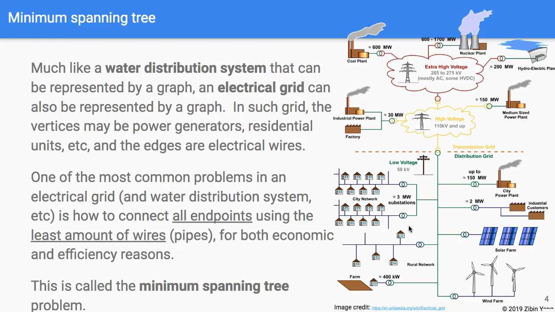It has the obvious benefit that the less wire or pipes we have to construct, the less money we have to spend on them, and also it's higher efficiency, right? Because we don't have to spread things out in a wider network. So this kind of problem is what's called a minimum spanning tree problem.